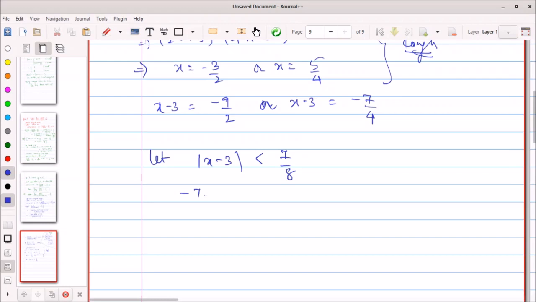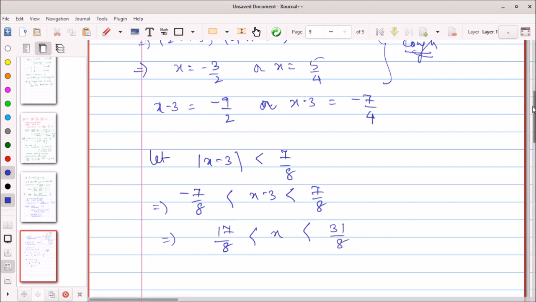So then minus 7 by 8 lies between, and this implies if I add 3 to both sides, so 17 by 8 is less than x is less than 31 by 8.